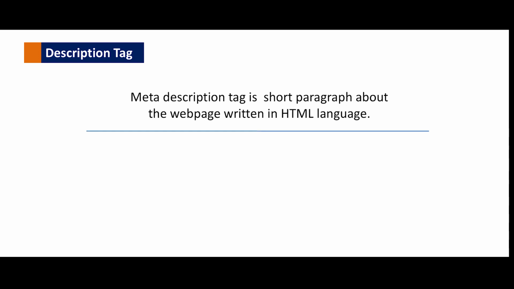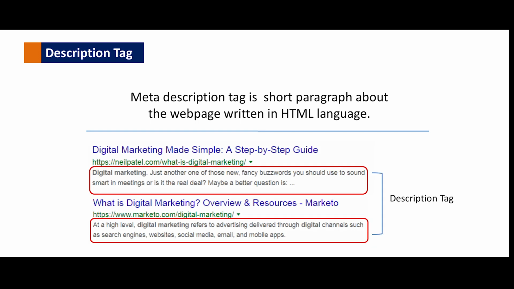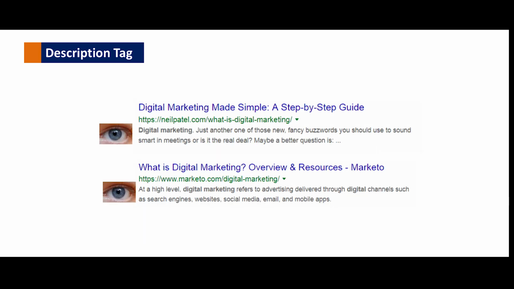Meta description tag is a short paragraph about the web page written in HTML language. It usually appears next to the title in the search result as a snippet. It plays a very significant role when it comes to the selection of your page by users from search results, because before clicking a search result, we quickly read the description or snippet of that result.